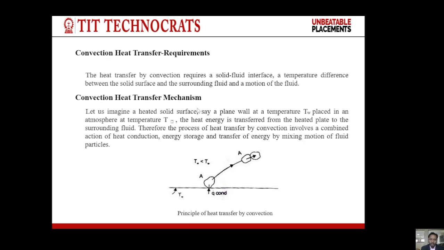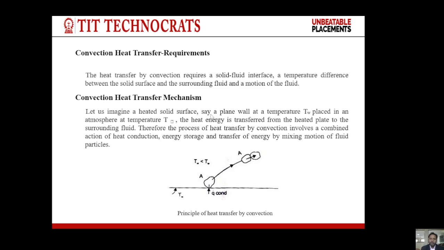So first we will discuss what is the requirement for convection heat transfer. The first thing which we have to consider is the solid and fluid interface, and the temperature difference between solid surface and surrounding fluid, and fluid should be in motion. And what is the mechanism of convection heat transfer?